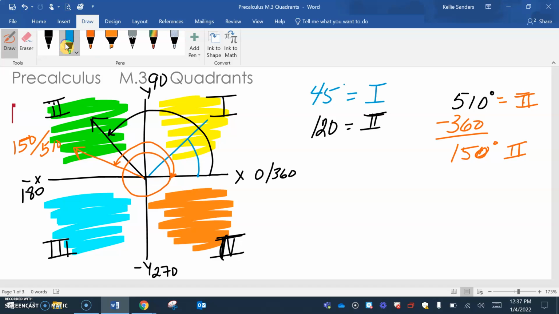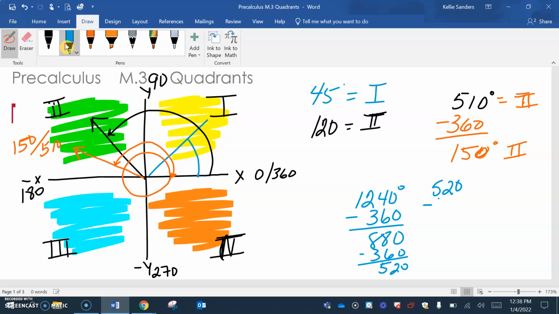What about, let's see, I'm making things up off the top of my head. 1240. And 1,240 degrees. Well, that's way bigger than a circle. So I'm going to get my calculator out and subtract and get 880. That's still bigger than a circle. So I'm going to subtract 360 again and get 520.